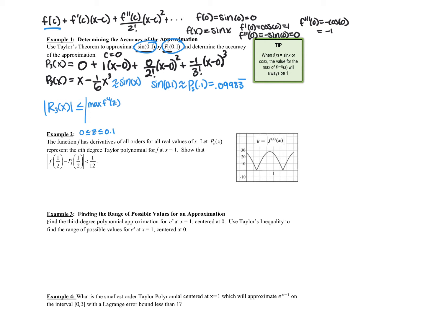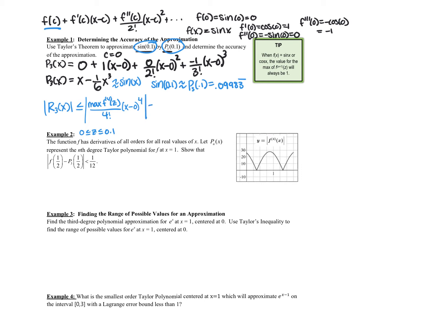So that z could be any value in that region of 0 to 0.1, where we're approximating and where we centered our polynomial, okay? So we're going to need to find the maximum of the fourth derivative for any value z in that interval. That'll be divided by 4 factorial x minus the center to the 4th power. So do you see how this is basically the fourth term, except you're finding the maximum of the fourth derivative instead of just the fourth derivative? Okay, so that's the Lagrange error bound.